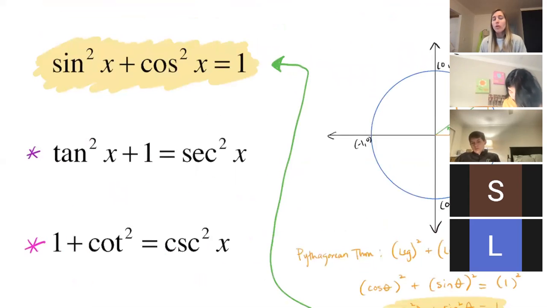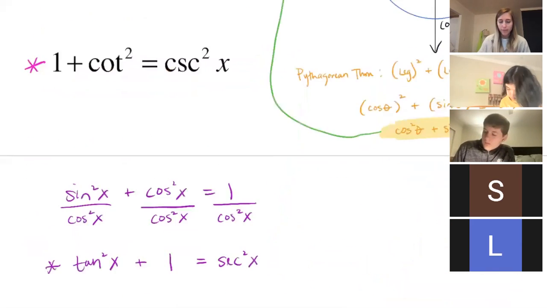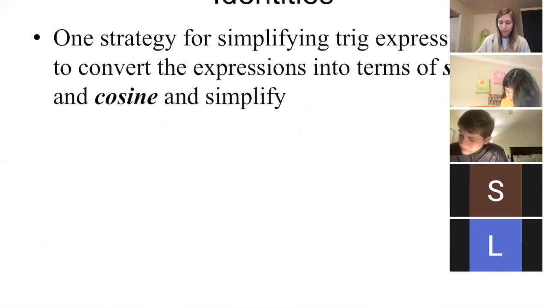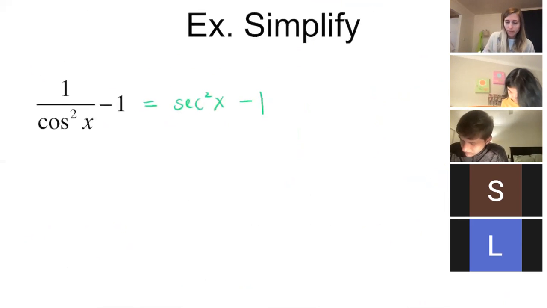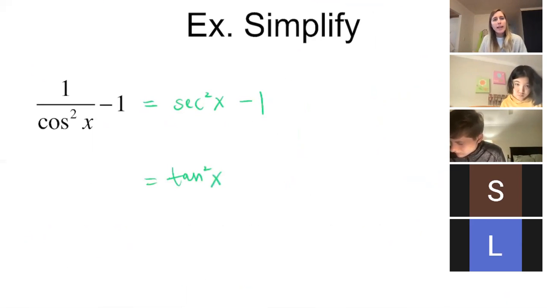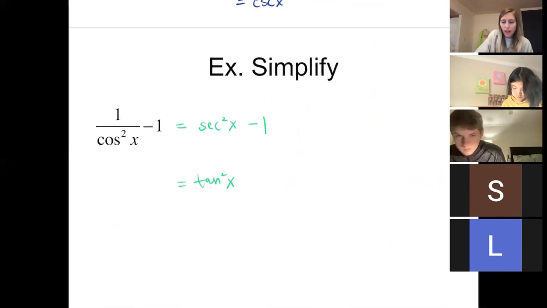So we right now have secant squared minus 1, and thinking of the Pythagorean identities, secant squared minus 1 is actually equal to tangent squared. Which is really as simplified as you can get.